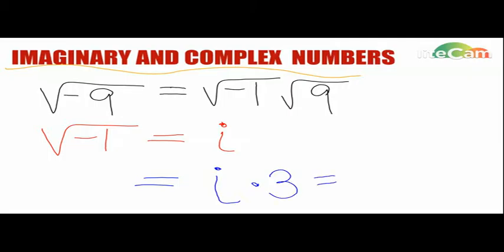Now, if I were to go ahead and square root the 9, then I would have i for the square root of negative 1, and then I could take the square root of 9, which is 3. But let's write this a different way. Let's put the coefficient, the 3, always in front of the i. Okay? Now that would be my answer.